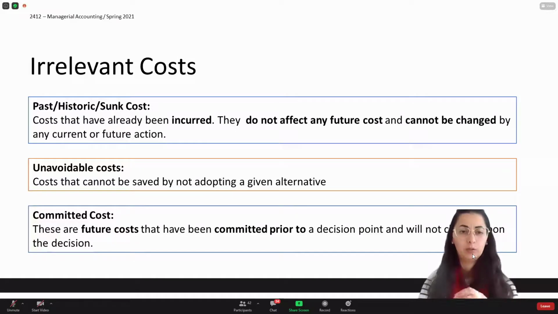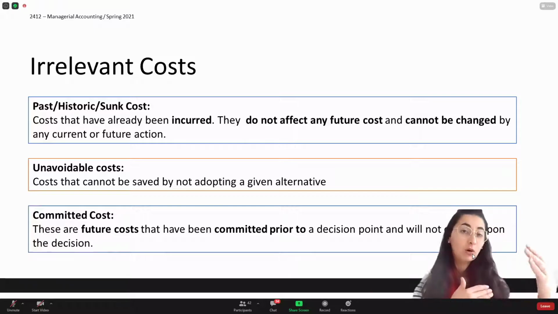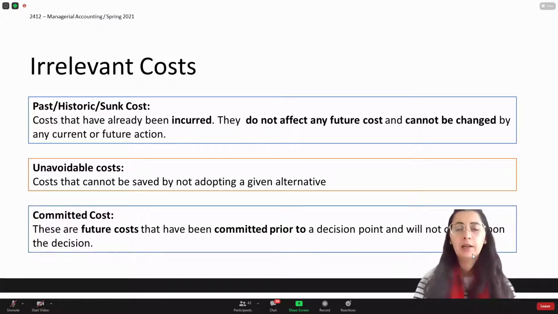These are unavoidable. And then we have committed costs. These are also future costs that have been committed, like the example I gave you on the contract. Committed costs have been set in contract, like the rent of the store or the factory. We have the contract with the landlord.